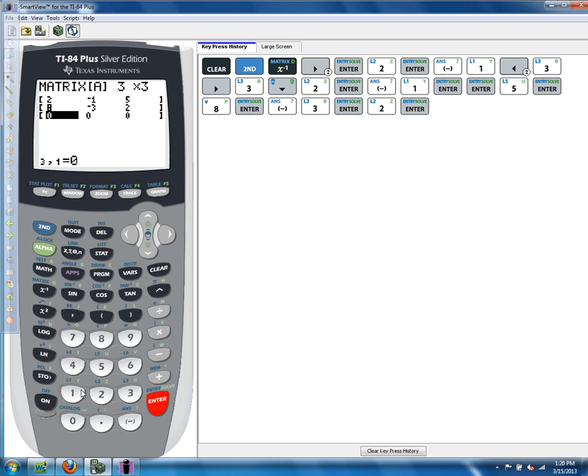And then 1, negative 2, and 3. So there's my matrix.